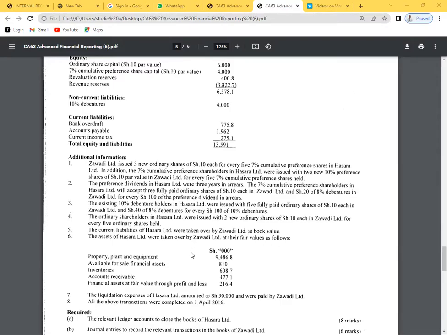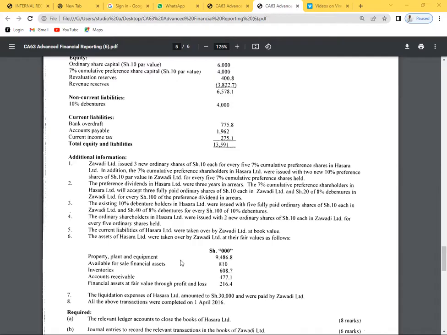So you can see property, plant and equipment, 9486.8. Available for sale, 810. Here you don't pick the book values given in the other books. You are picking the market values. Then the next one we are picking is inventory, 608.7.